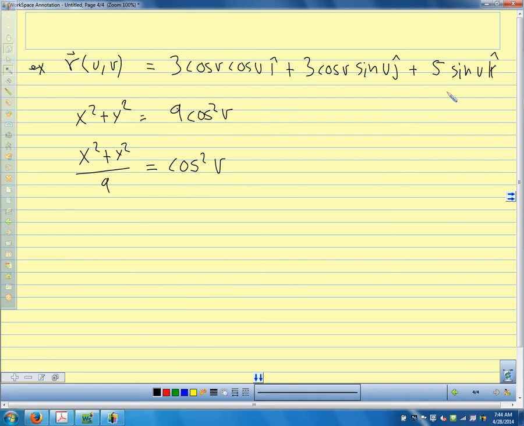This should be a cosine. There we go. That should make more sense now. x squared plus y squared over 9 is cosine squared v, and cosine squared v is z squared over 25.